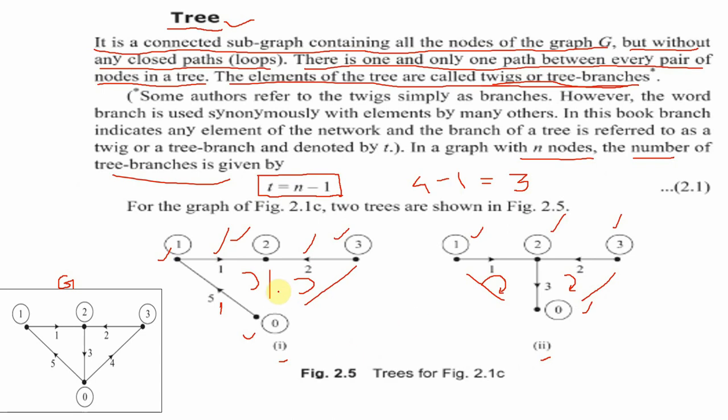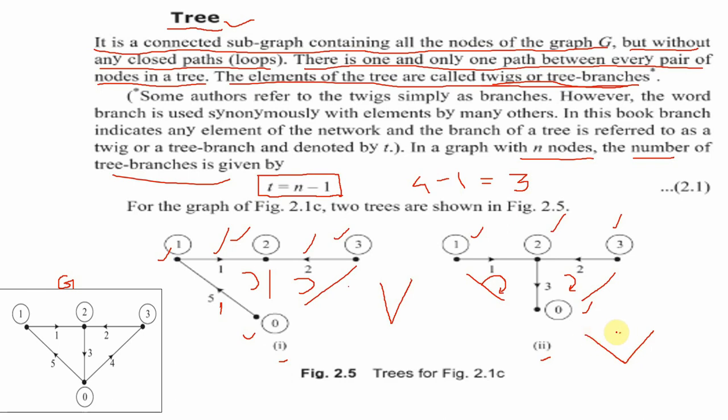Suppose I say draw the core tree for this particular diagram. So what is the core tree? The core tree will become like this, right? If I say draw the core tree for this diagram, then the core tree will become like this.